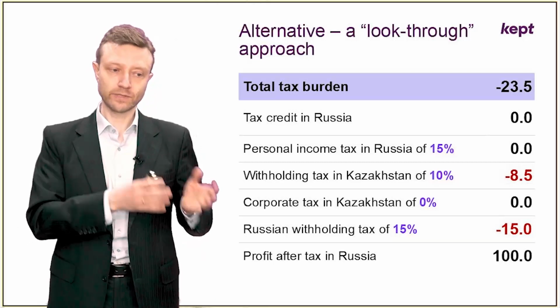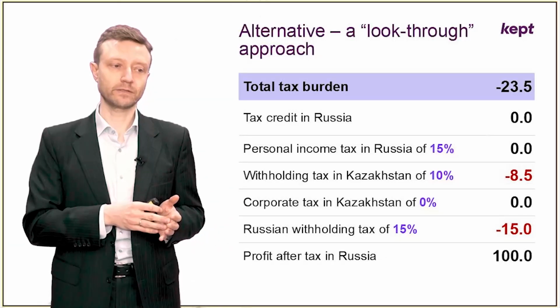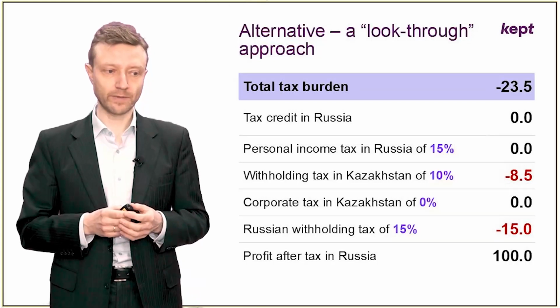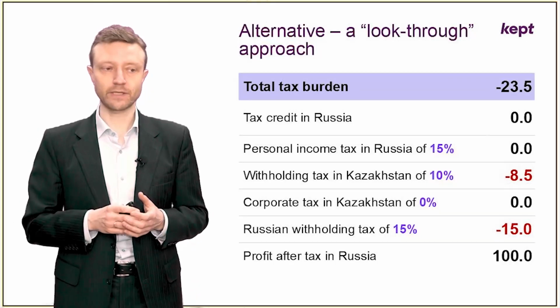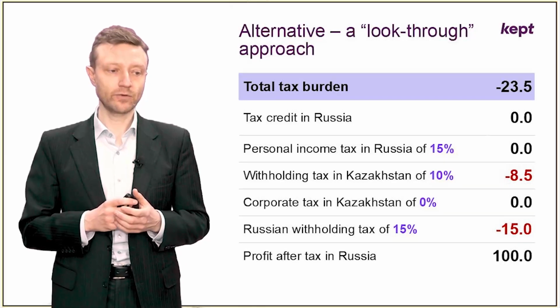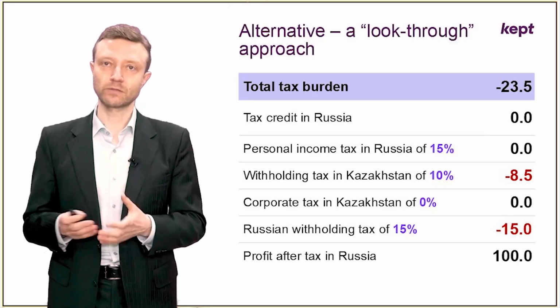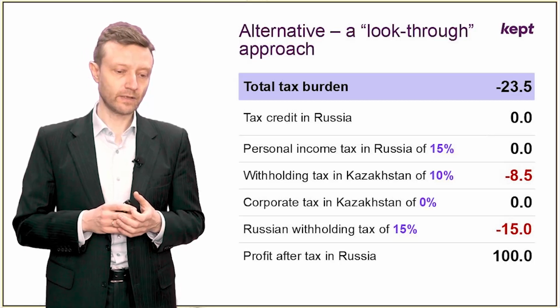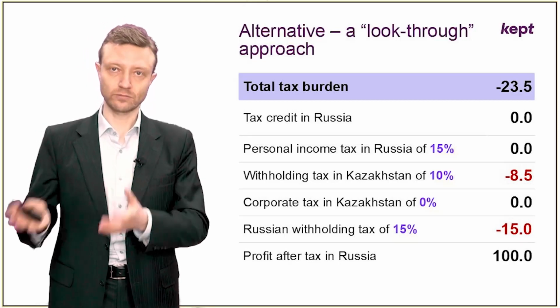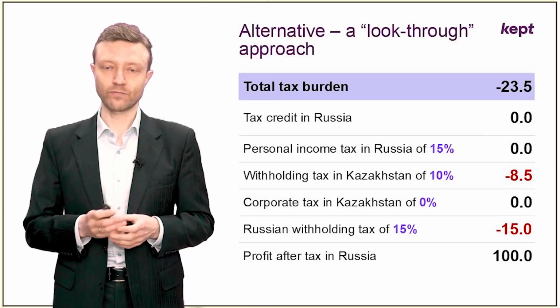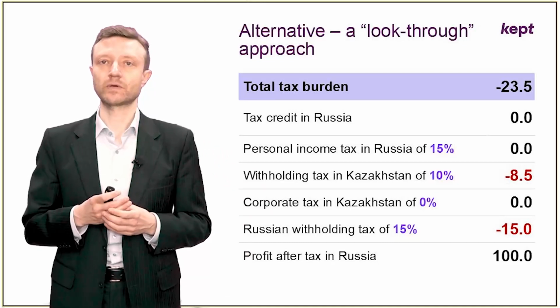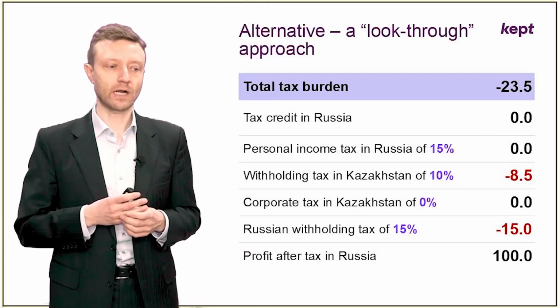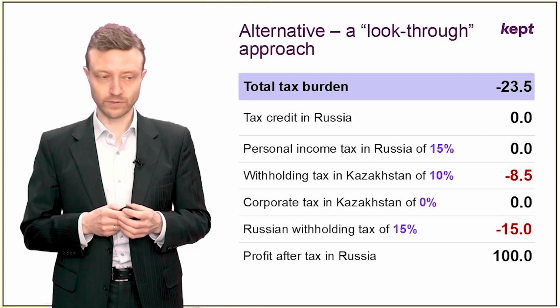We will not go into details of this calculation, but the end result will be the same. The total tax burden in this case is going to be 23.5 units, and it's important to remember that this look-through approach only applies to Russian taxes, only Russian tax liability of the Russian shareholders and the Russian operating subsidiary. It doesn't affect how dividends are taxed in Kazakhstan, for example.